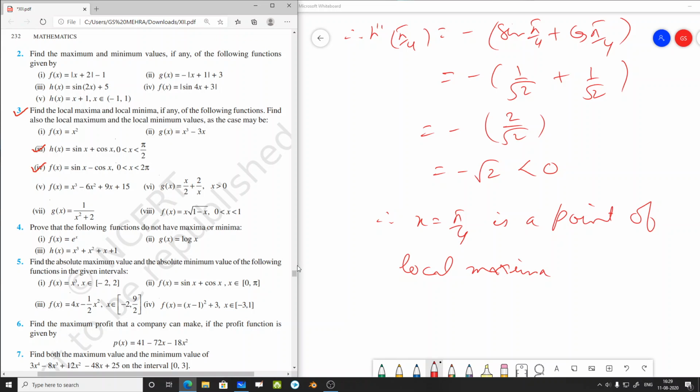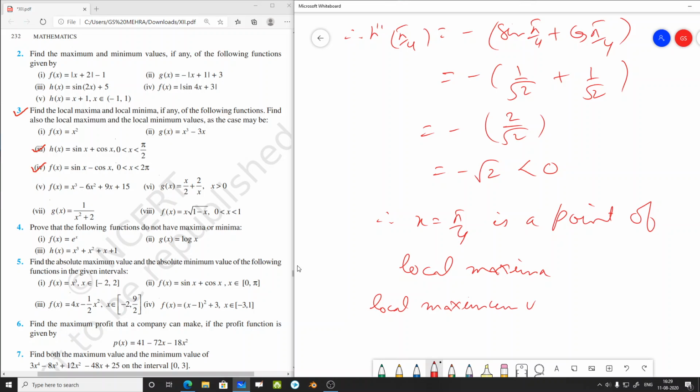So the local maximum value equals h of pi by 4, we just put the value of pi by 4 in h(x).